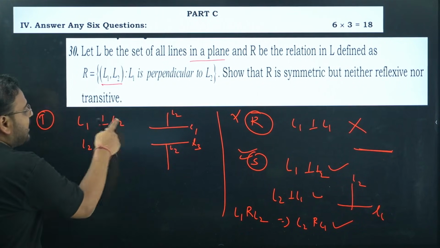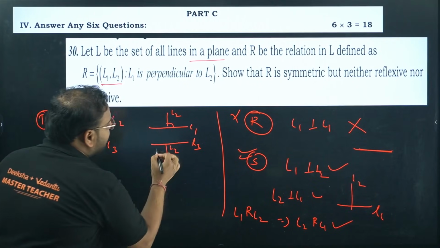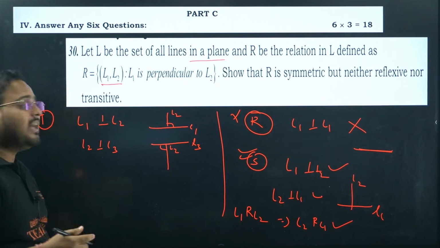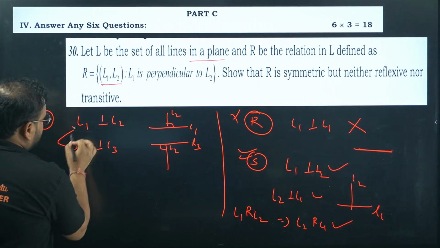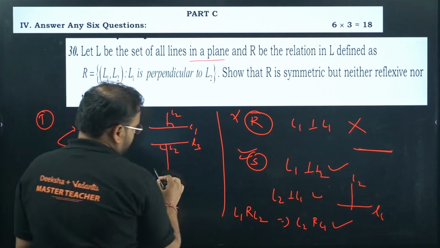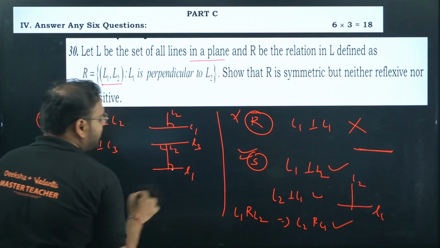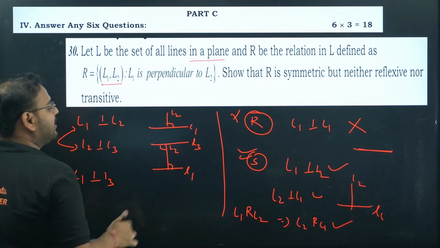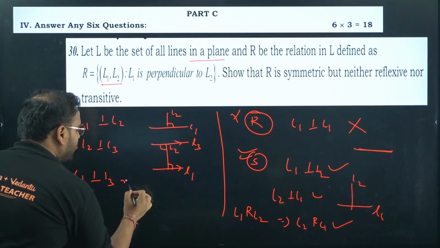So if L1, L2 is perpendicular, they look like this. If L2, L3 is perpendicular, they look like this. Then conclusion will be what? Conclusion from here will be that L1 will be perpendicular to L3. Check here. Here we have L1 now. L1 and L2 perpendicular, L2 and L3 perpendicular, but L1 and L3 are actually parallel. So this is not true.